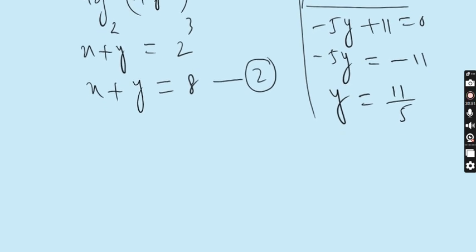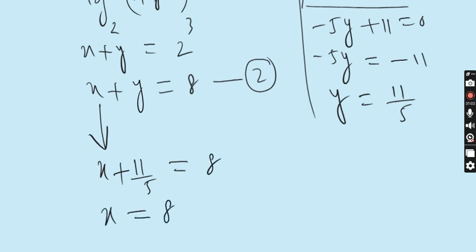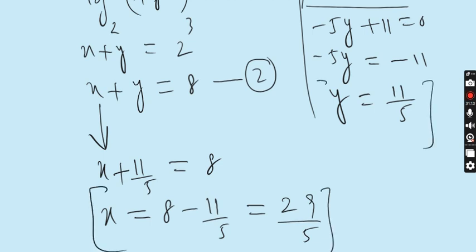So I am putting it in equation number 2, that is x plus y, y is 11 upon 5, is equal to 8, x is equal to 8 minus 11 upon 5, it is 29 upon 5. So x is 29 upon 5 and y is 11 upon 5. This is our final answer. So hope you understand and enjoy the whole question.